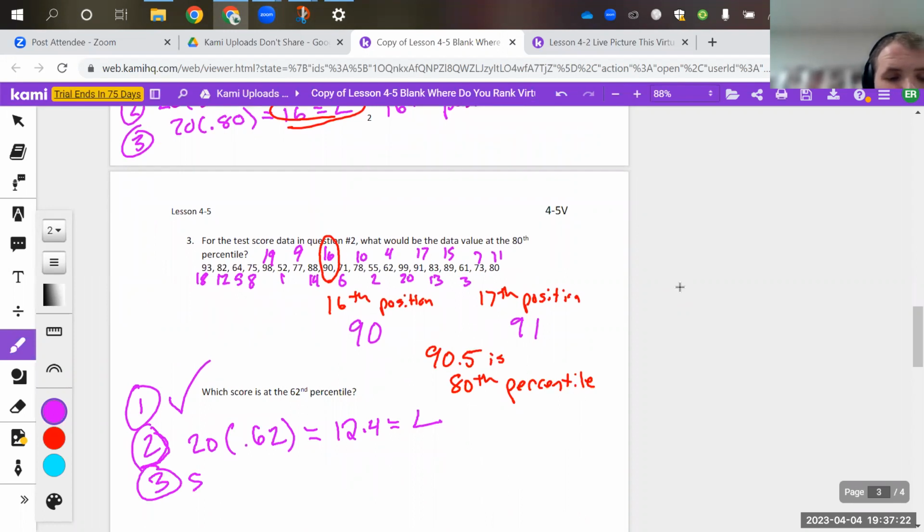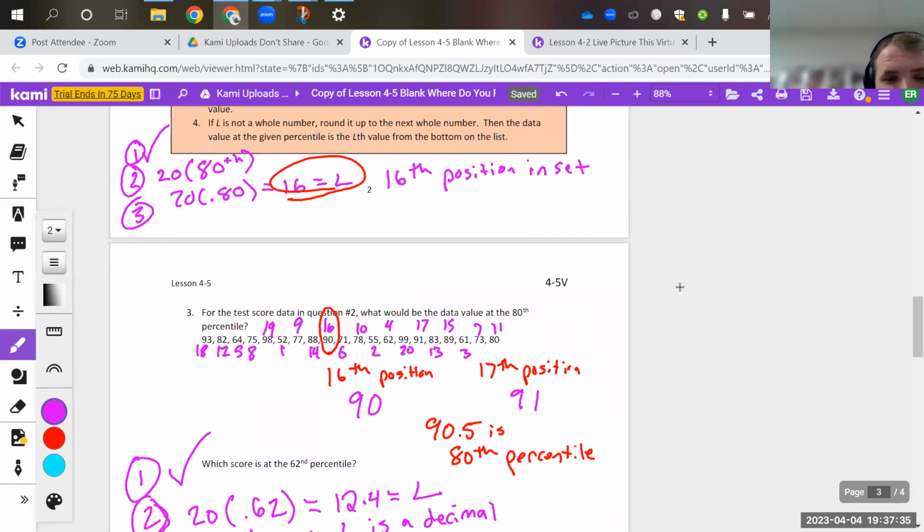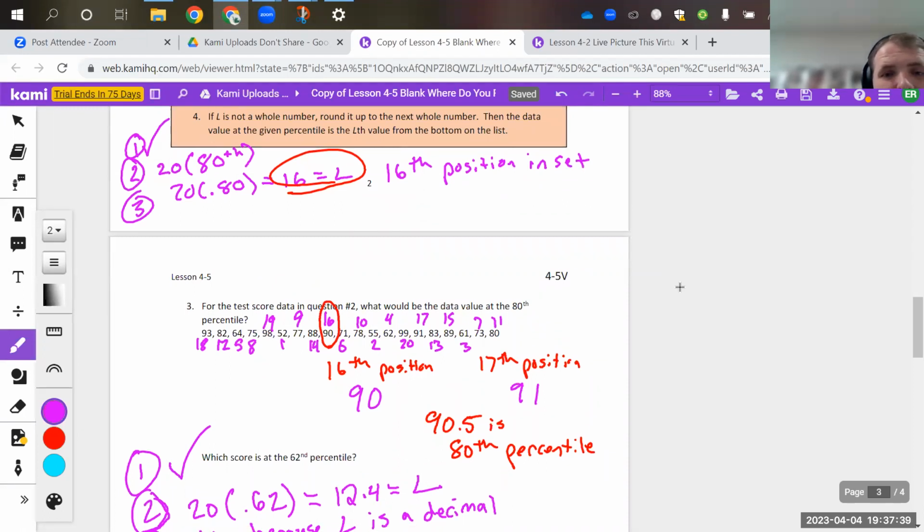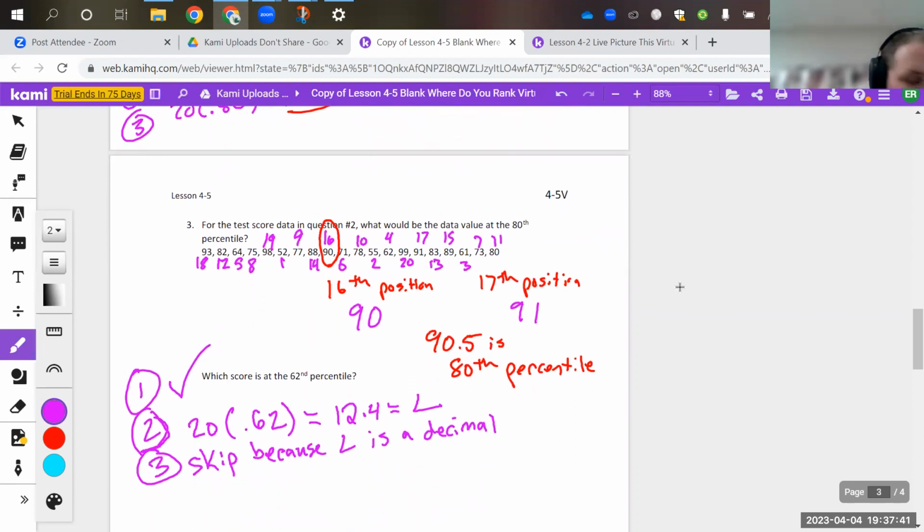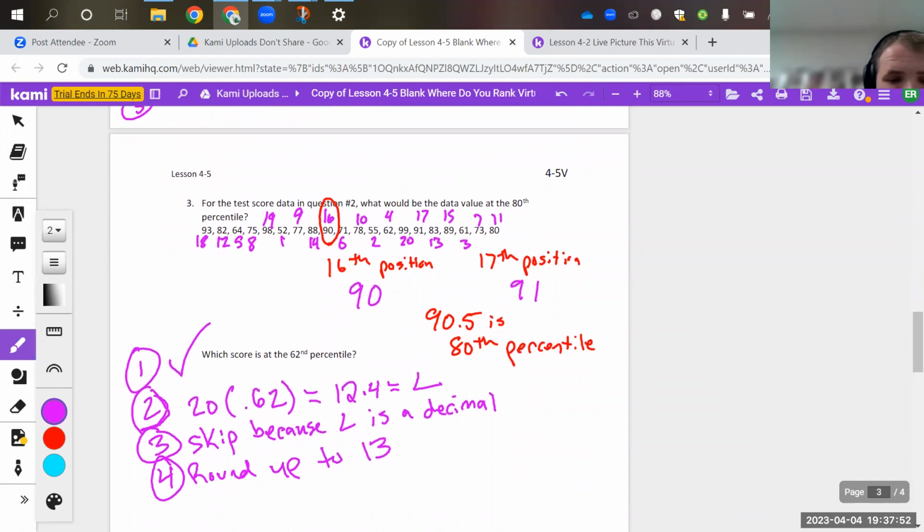Step 3, I'm going to skip because L is a decimal. Following the instructions, it says if L is not a whole number, round it to the next whole number. So round it up. A common thing people want to do is round that to 12, but notice those directions say round up. We're going to round it up to 13.